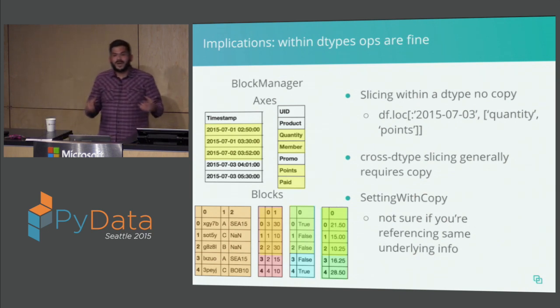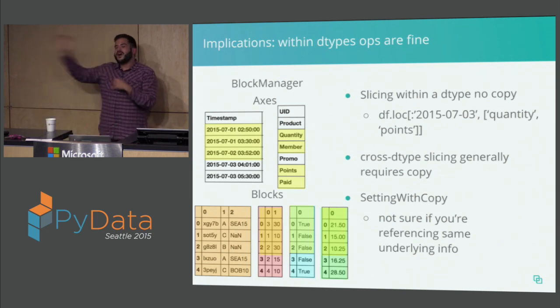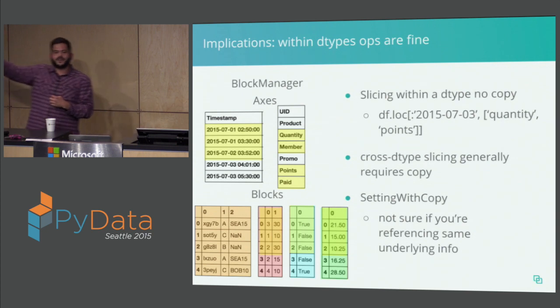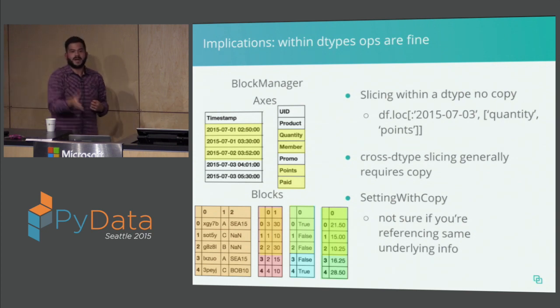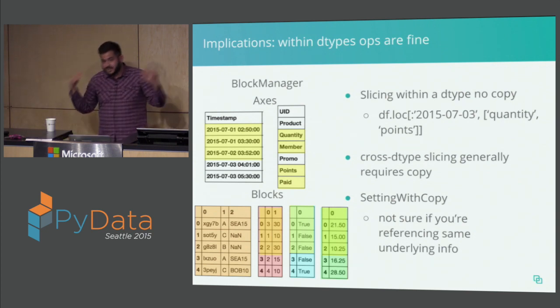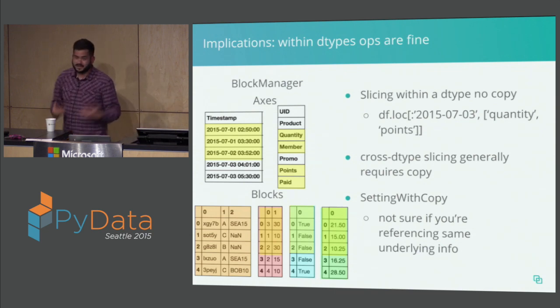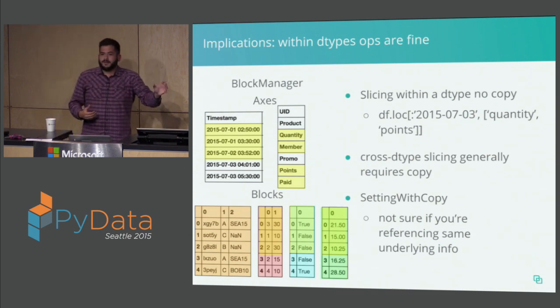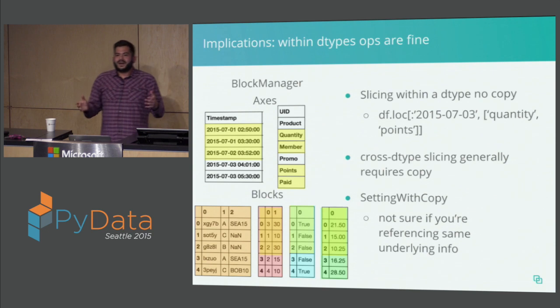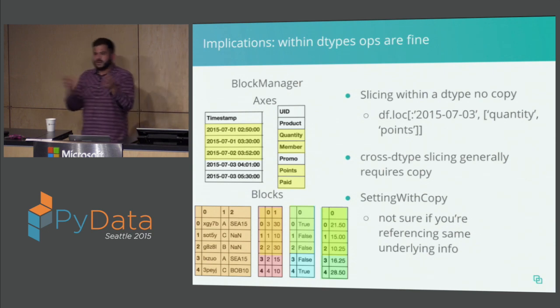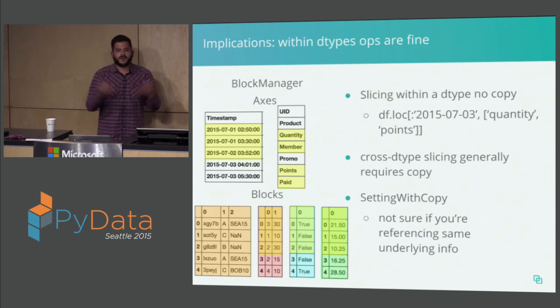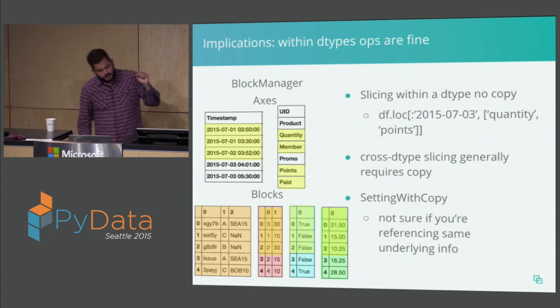But if you slice in a way that causes a copy to happen, then all of the changes you're making to that other data frame aren't going to be reflected in the BlockManager, because it is a different BlockManager with a different set of data and a different set of copies. The goal of that error is to make you aware, so that if by accident your code that references column A and column C suddenly changes so that those are now 2 different dtypes, you don't have a magical confusing error going on behind the scenes.